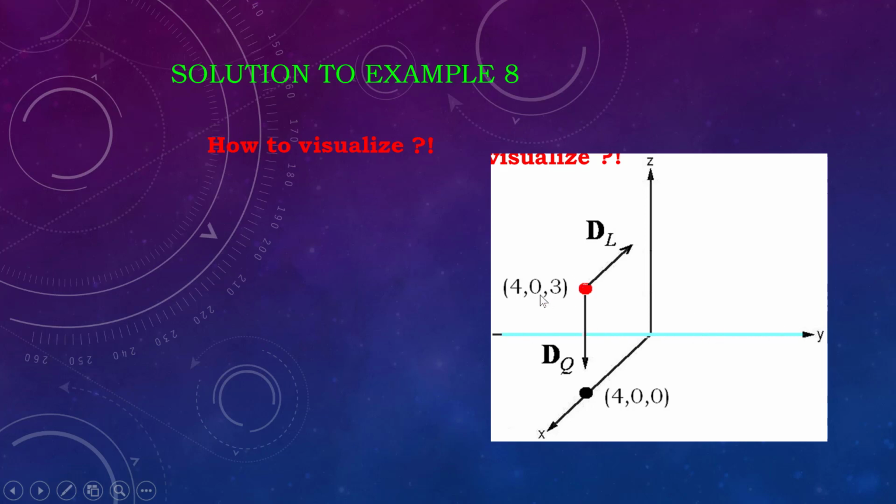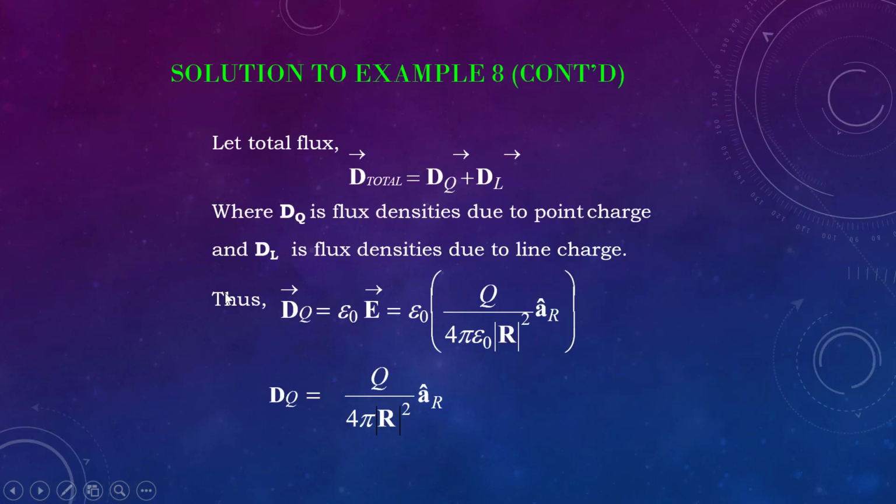And we have to find the density at 4, 0, 3. Then there are two densities, one because of this point charge and another because of this line charge. So one by one we will find. Let us write the equation. D total is equal to DQ plus DL. DQ is the density due to the point charge, and let us take DL as the indication for the line charge.